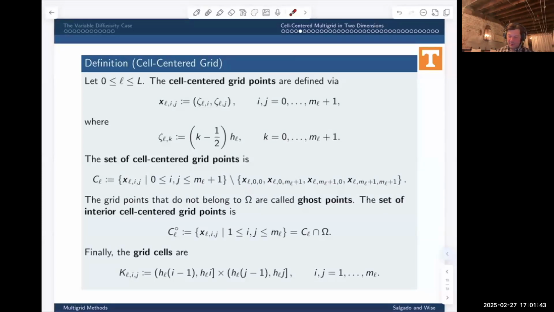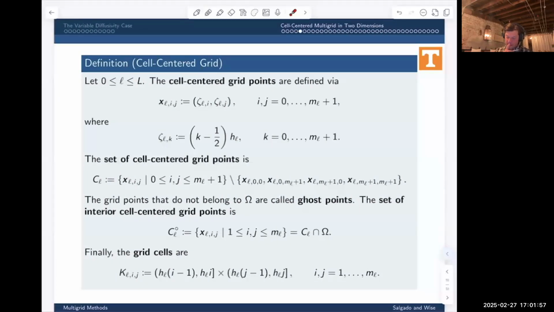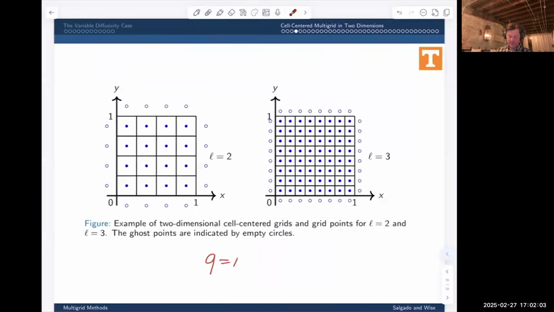The grid points that don't belong to this original set omega are called ghost points. So those are the open circles here, the unfilled circles. And the set of interior cell center grid points is all the blue points.